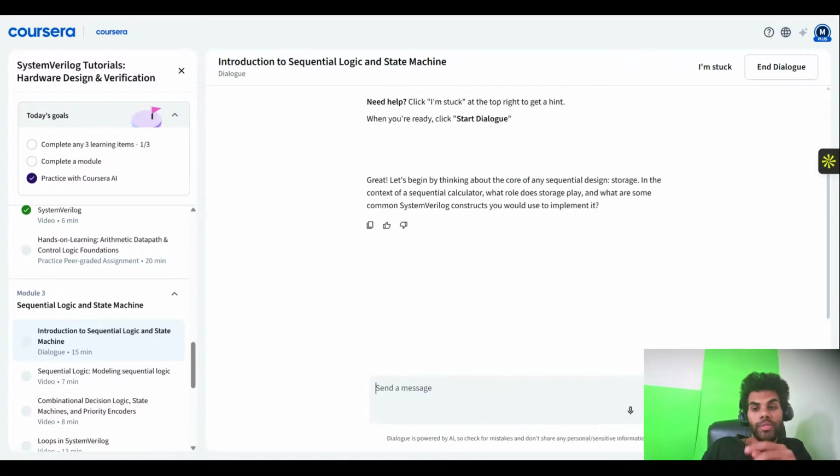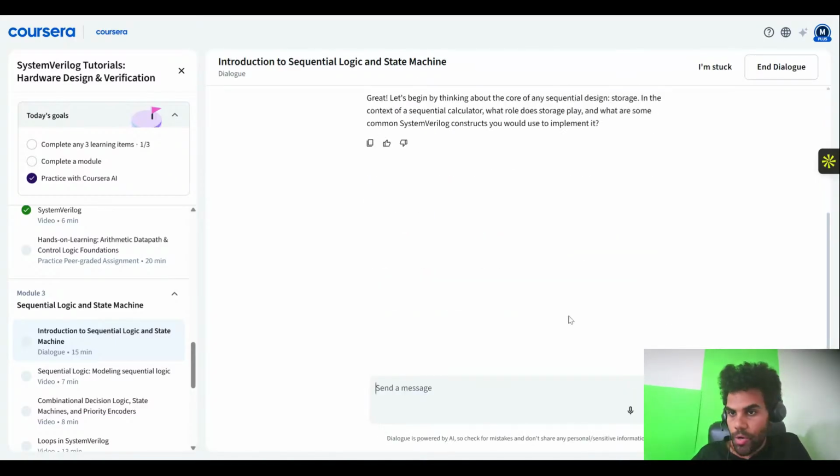Let's go with the interesting dialogue with the AI. So the AI tells me, great, let's begin with thinking about the core of any sequential design. The core of any sequential design is storage.